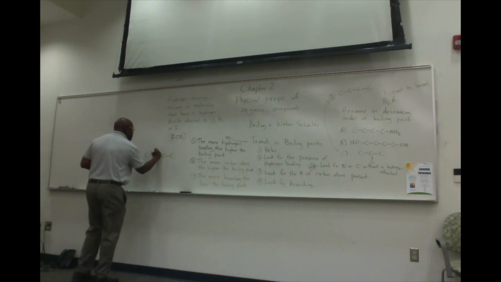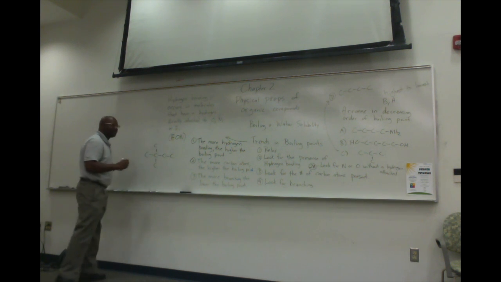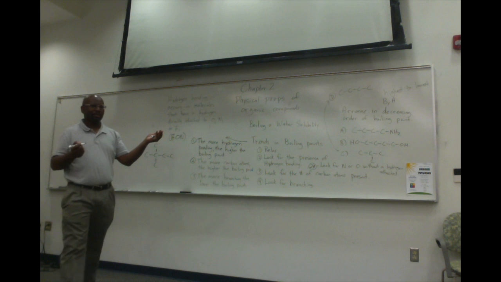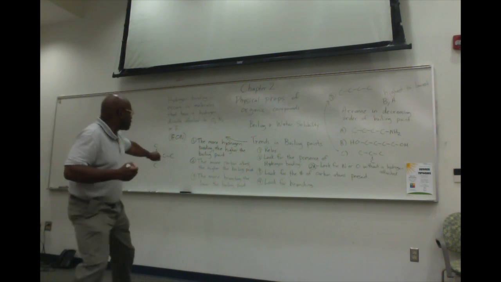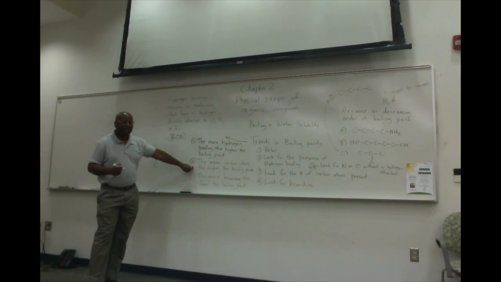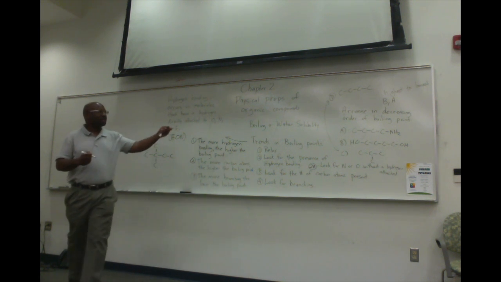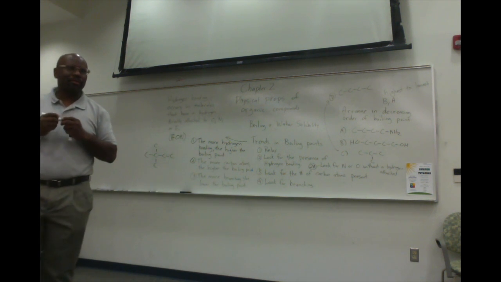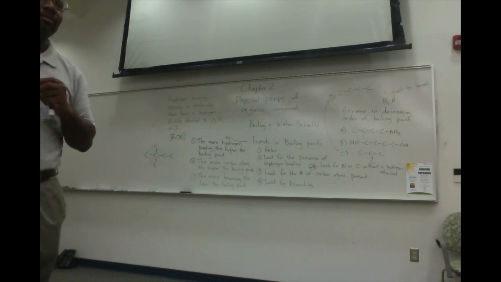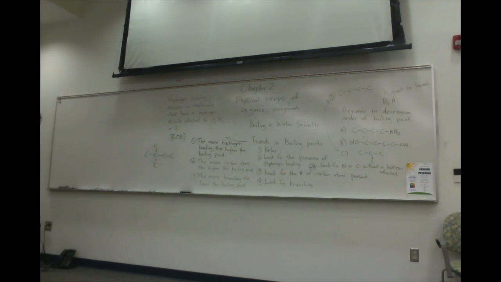Now if I add 2 branches of carbon, my number of carbon atoms is not 4. The more carbon atoms, the higher the boiling point. This will be 6 carbon atoms versus 4. Six carbon atoms want to beat out 4 carbon atoms.